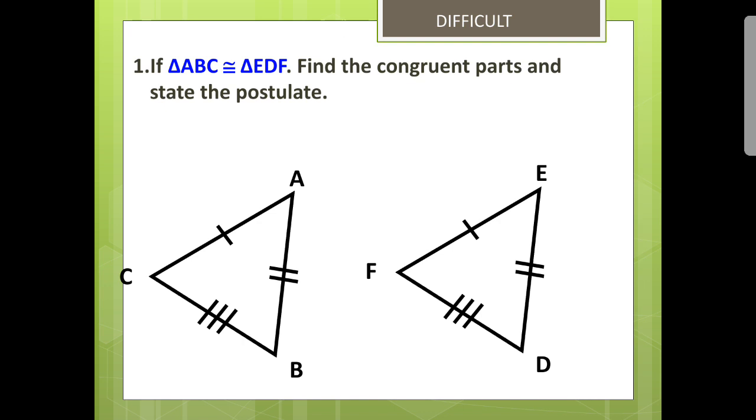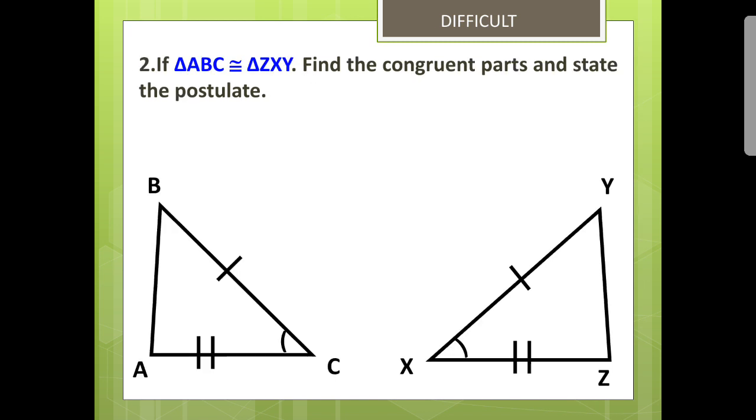So the answer is, you can defend your answer based on the given identical mark. So side AB is congruent to side ED. Side AC is congruent to side EF. Side BC is congruent to side DF. And that is side, side, side.